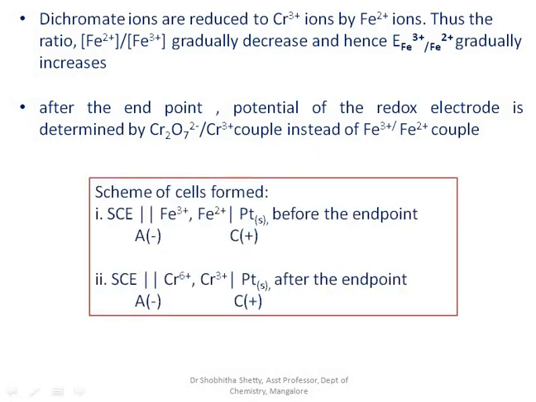So the cell can be represented before the end point with respect to ferric ferrous, and after the end point with respect to dichromate chromium, Cr6+ and Cr3+ forms.